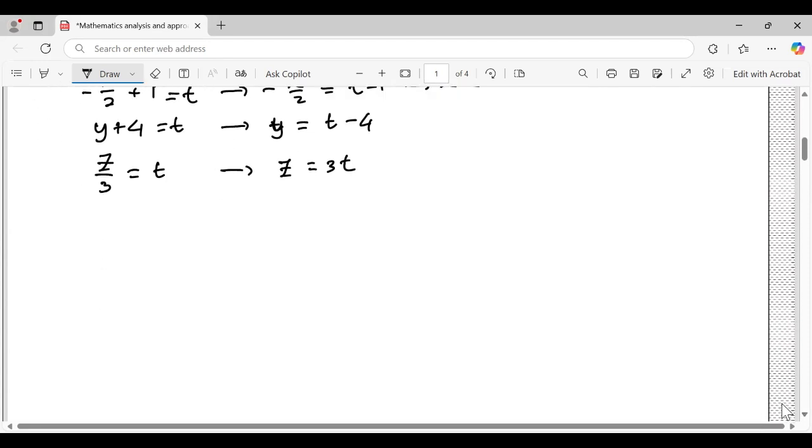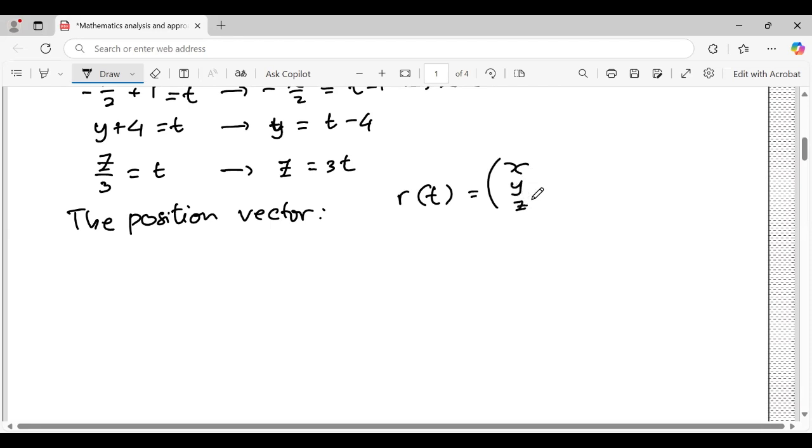Let's continue. And the position vector, we can find the position vector actually, x, y, z.